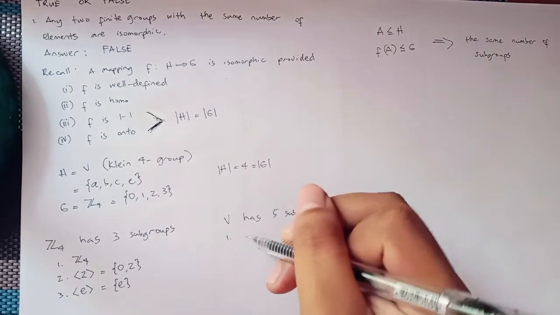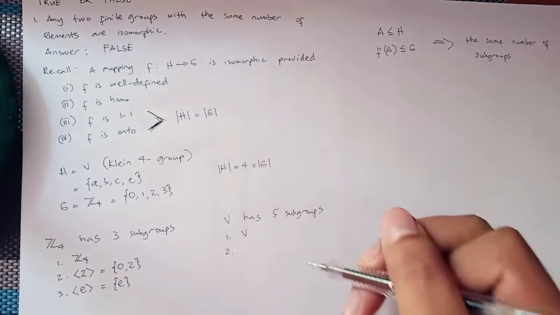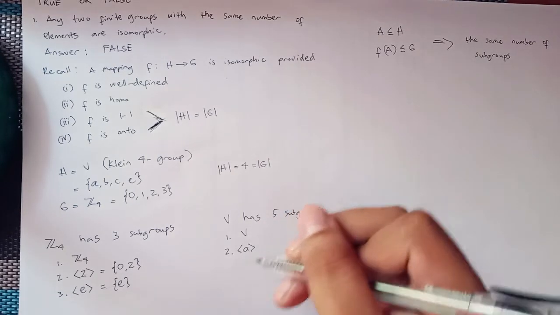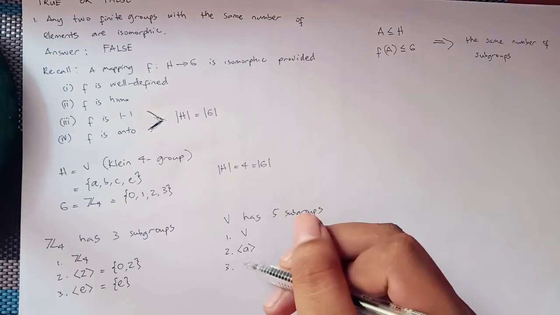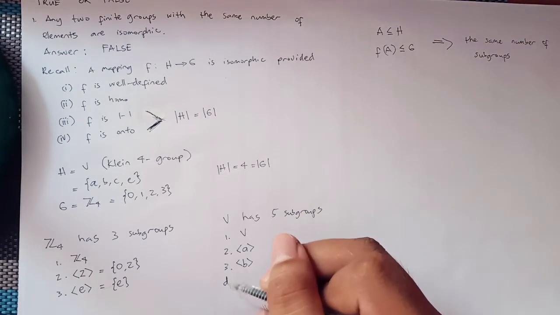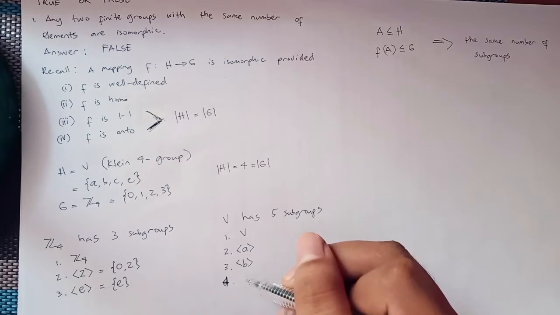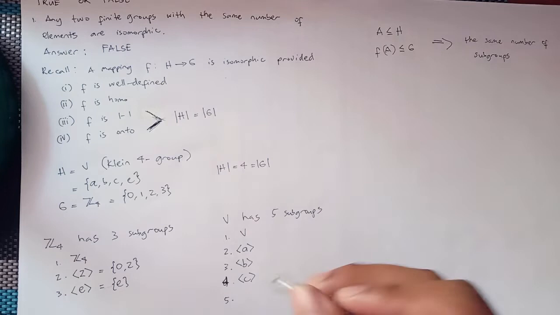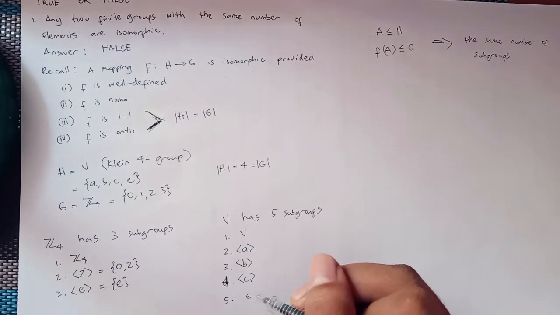Namely, number 1, V itself. Number 2, the subgroup generated by A. 3, the subgroup generated by B. 4, the subgroup generated by C. And 5 is the identity alone.